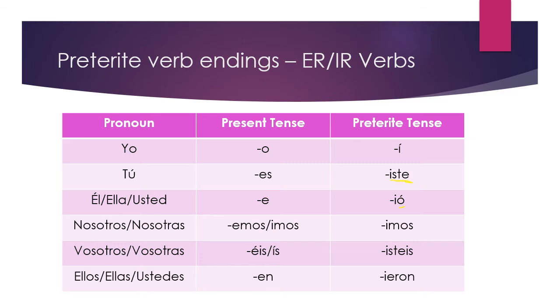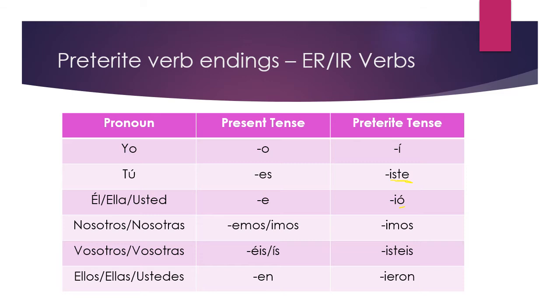Okay. The nosotros ending is imos. That's pretty easy. You just have to remember that in the present tense it could be either emos or imos, depending on if it's an er verb or an ir verb. But in the preterite, it's always imos. Same with vosotros and vosotras.